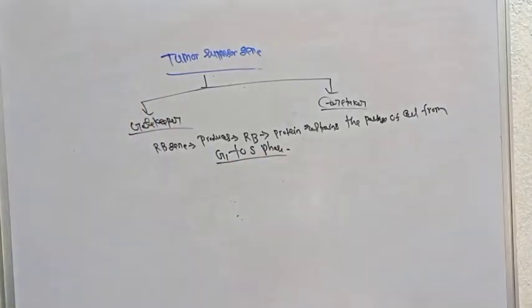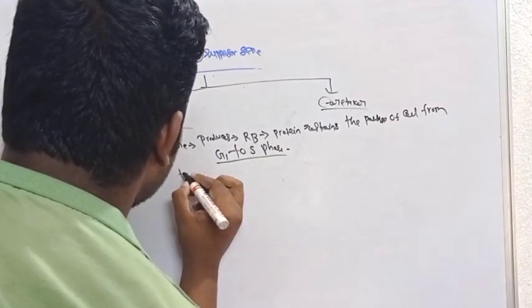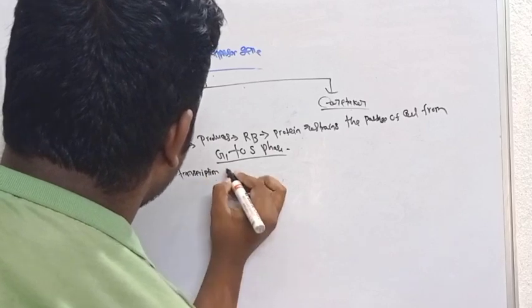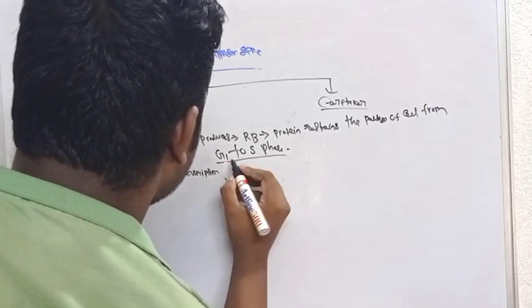The RB protein is a transcription repressor.